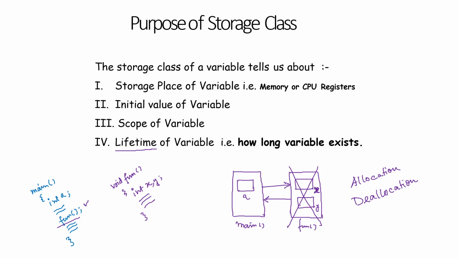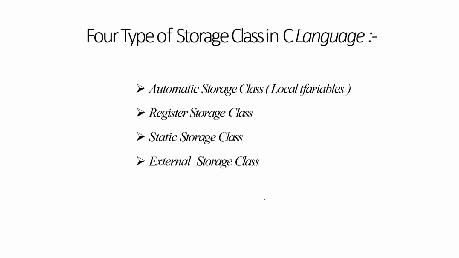Now the logic that I have said here is not fixed for all the storage classes. For some storage classes, the variables that you have declared remain in spite of returning from the function to main. So we will see it very soon.